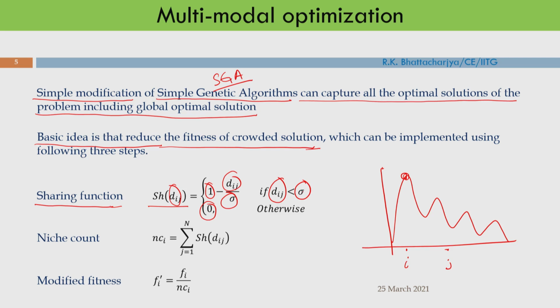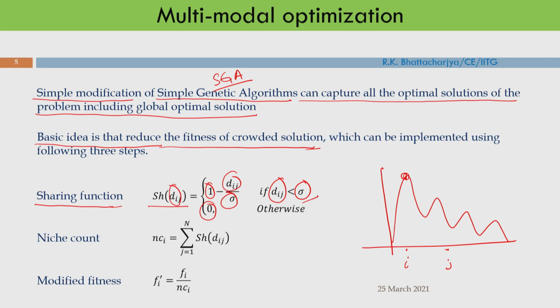If it is, I calculate the sharing function value using 1 minus Dij by sigma; if Dij is more than sigma, the sharing function value is 0, and the particular solution is not crowded.